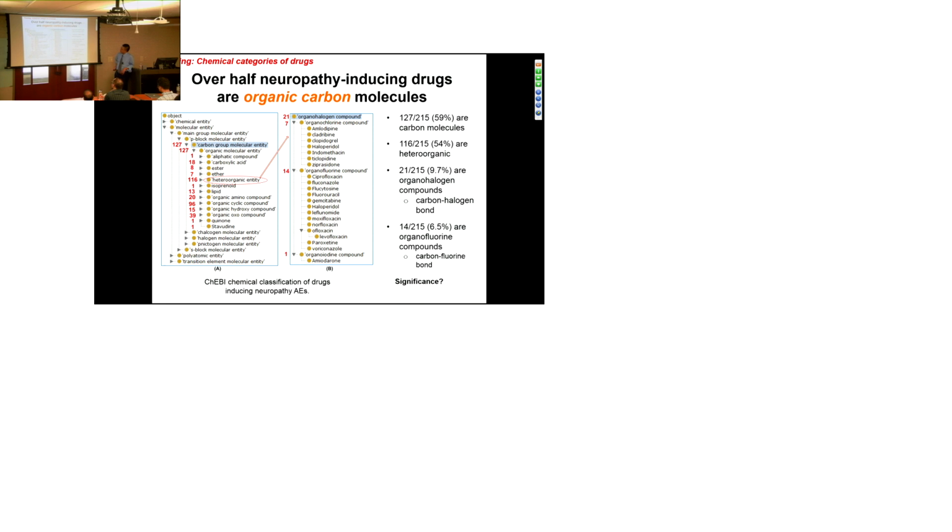And what about the compound? What about the chemicals? After you put all the things in a nice structure, you can classify them. This is ChEBI. All the terms are associated with neuropathy. So you can find this is actually the entity with the most drugs inducing neuropathy. You can even go further.